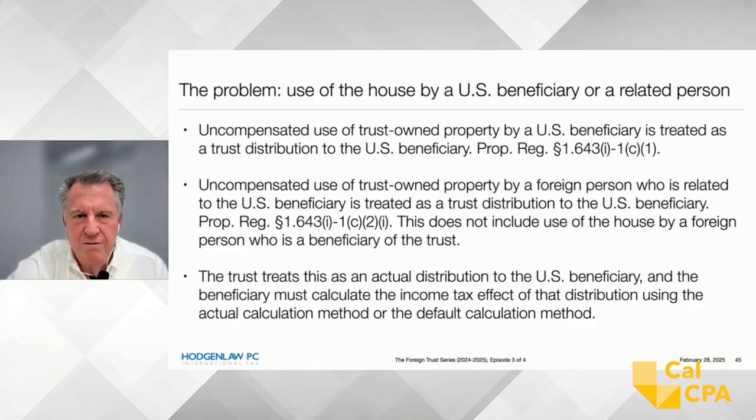Okay, you have problems with a distribution to the U.S. beneficiary if a related party uses the house for free. And the trust will treat this as an actual distribution to the U.S. beneficiary. And then what's going to happen is the U.S. beneficiary either uses the actual method or the default method to calculate the tax cost of using this place for free.